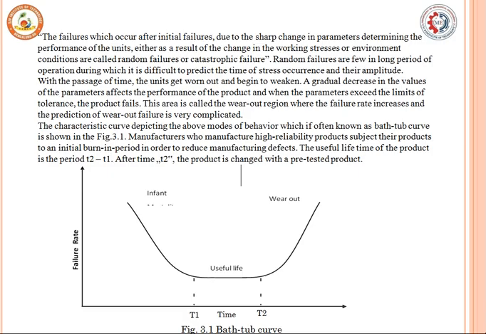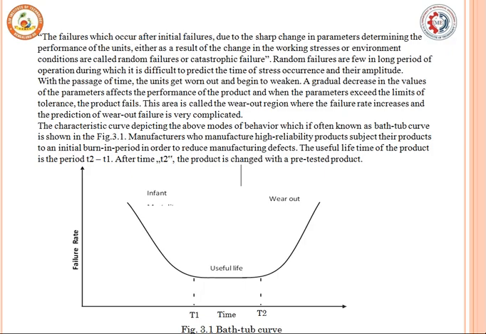After the time T2, we can see the third zone known as the wear out time. In the wear out time, we can replace some of the parts that have worn, but completely it starts failing because all the parts were produced at the same time. It is going to lose its life after time T2 unless the product is changed with a pre-tested product.